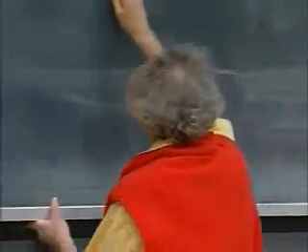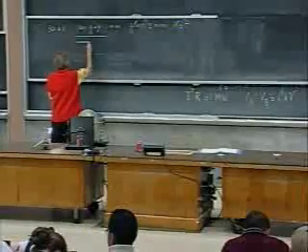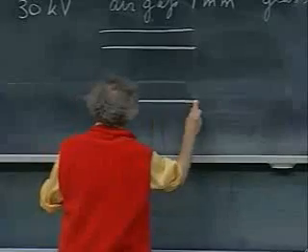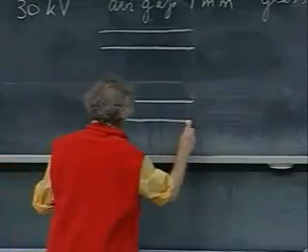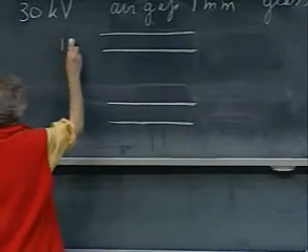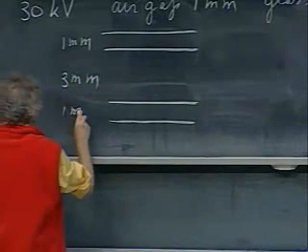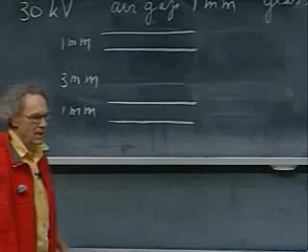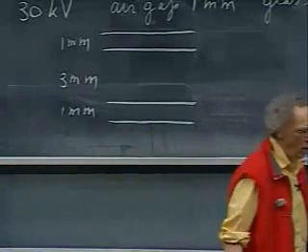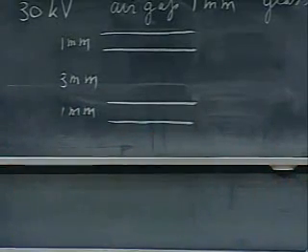So now I have here the conductor on the outside. This is the glass, and this is the conductor on the inside. So this is 1 millimeter thick, this is 3 millimeter thick, and this is 1 millimeter thick. And the potential difference over the whole thing is going to be 30 kilovolts.